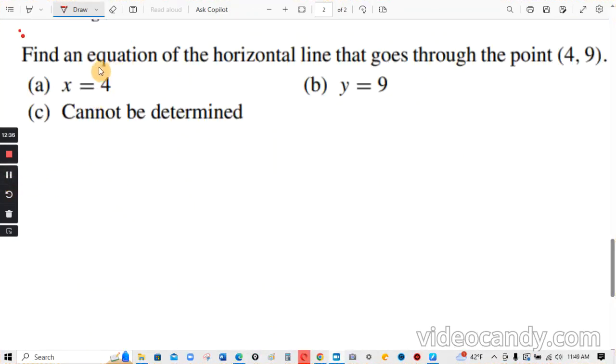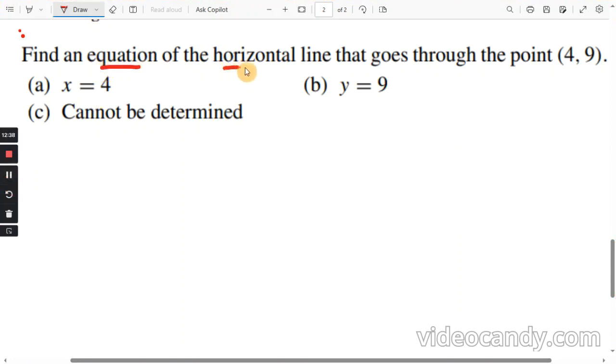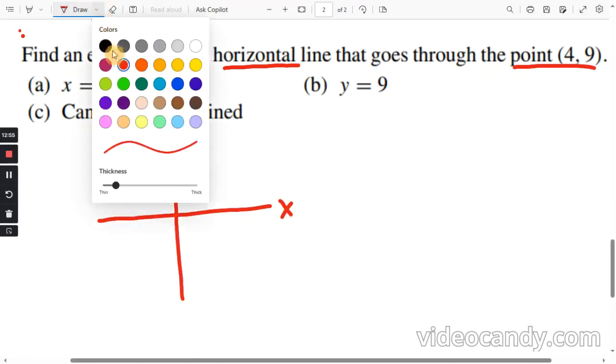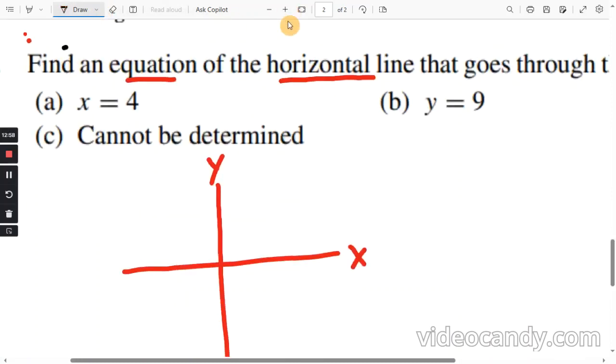Number 8, find an equation of the horizontal line that goes through the point 4, 9. All right, let's see if we have a graph here. This is the x-axis, this is the y-axis. I'm not even going to draw in the little notches. I'm just going to estimate.